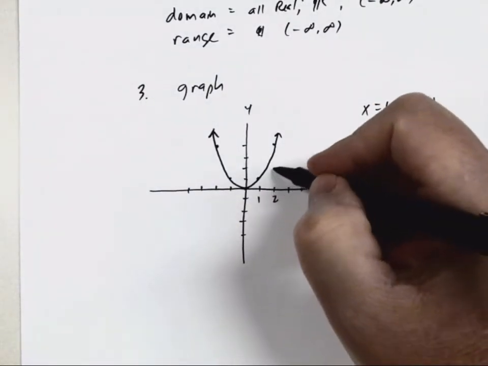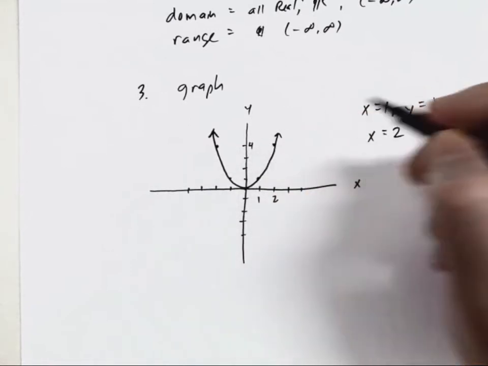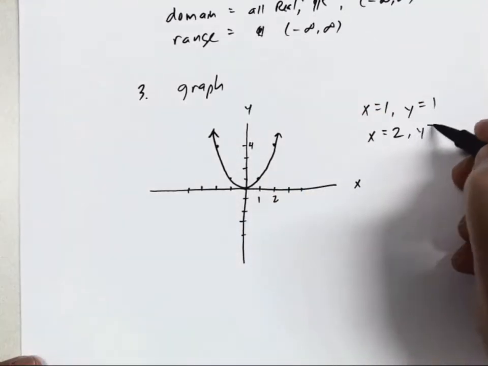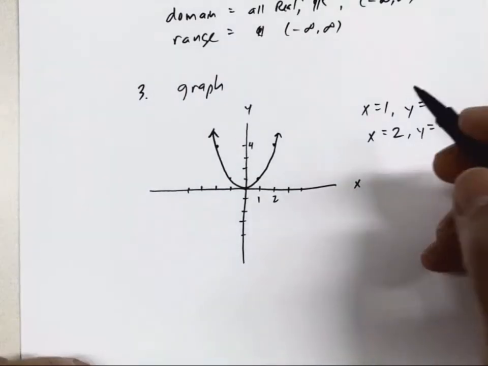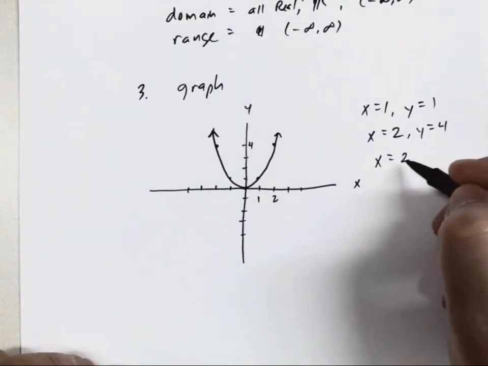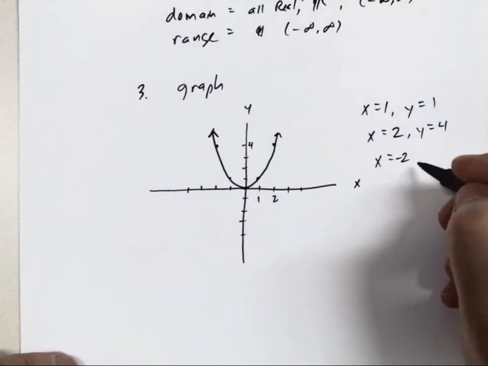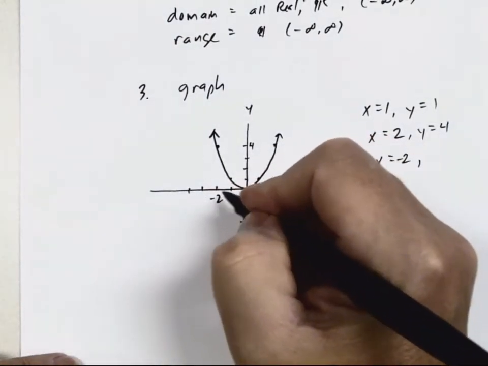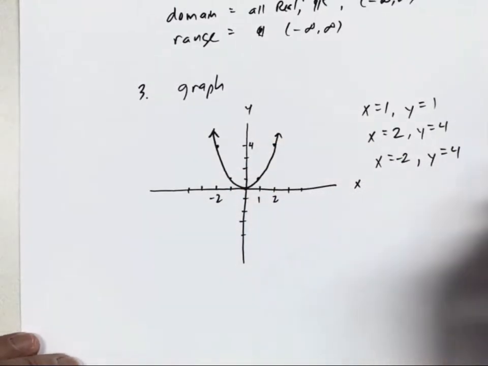X is 2 is right here. I go up to the point on my graph, and I realize y is 4. One last one. How about what happens when x is negative 2? Negative 2 is right here. I go up here. Y is also 4.